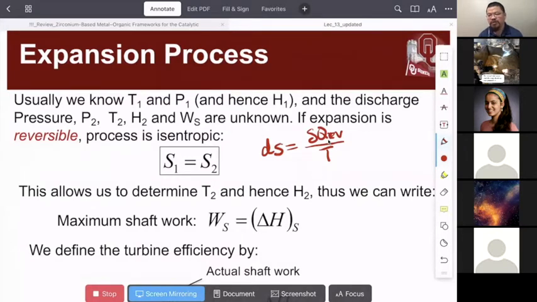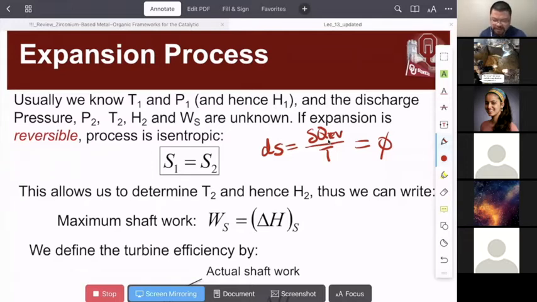So the Q reversible is 0, which means the entropy does not have any change when you are moving from the inlet of the turbine to the outlet of the turbine. So when we have the working fluid moving through the turbine, we don't have any entropy change. And of course, keep it in mind, this is the ideal discussion. I'll come back in a minute to look at the real turbine process.